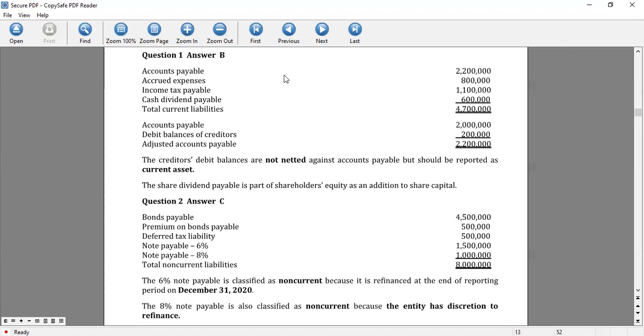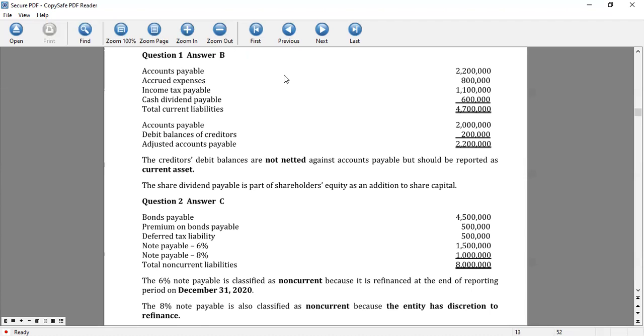The creditors' debit balances are not netted against accounts payable but should be reported as current assets. The share dividend payable is part of shareholders' equity as addition to share capital. So we have now the answer to question number 1.